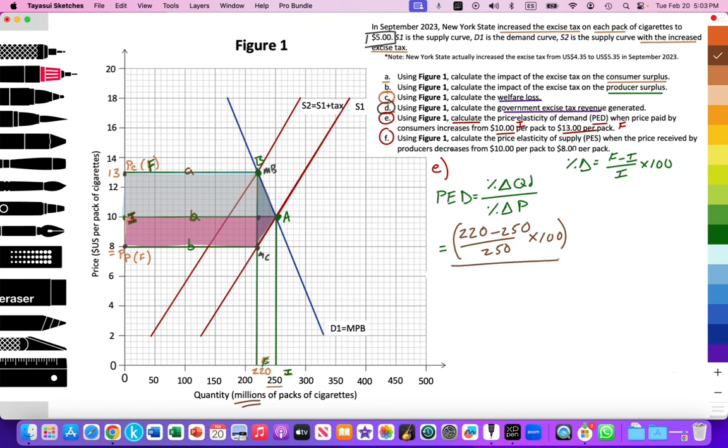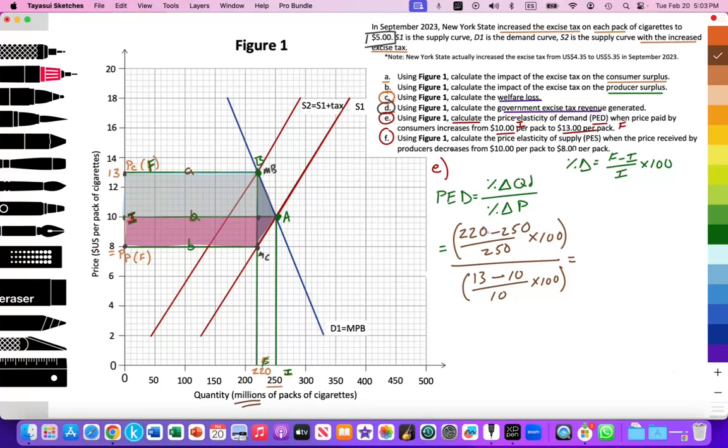And all of that will be divided by the change in price. The change in price is the final of $13, 13 minus the initial of 10, divided by the initial of 10, multiplied by 100.